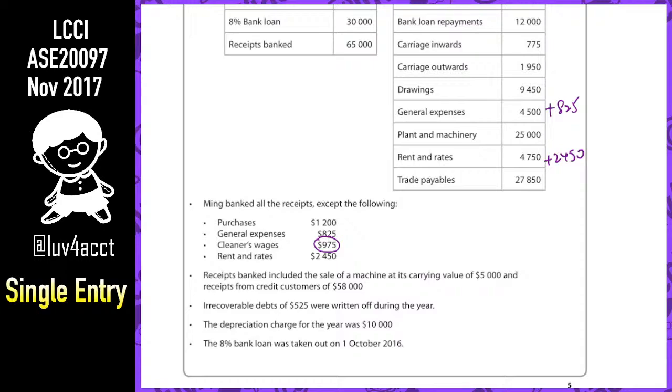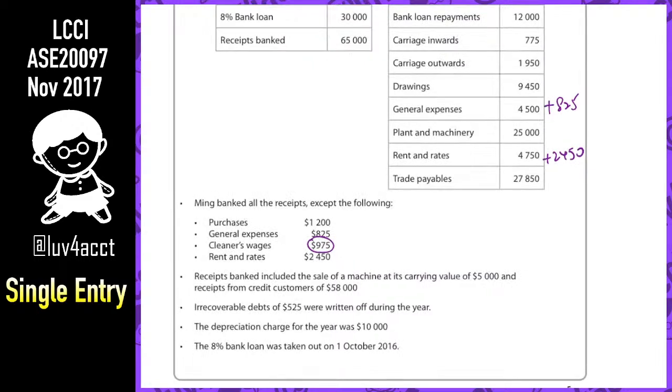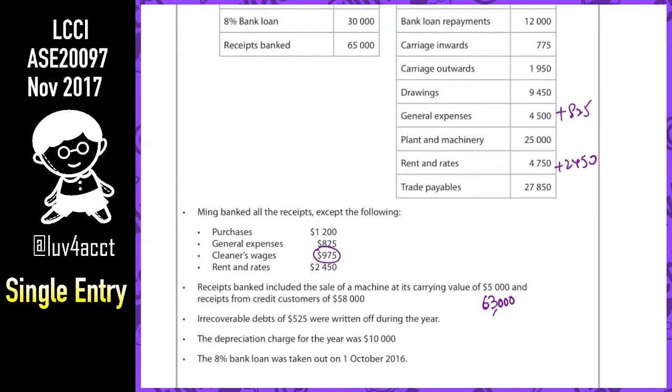Receipts banked include the sale of machine at its carrying value of 5,000 and receipt from credit customers $58,000. The two added together will be 63,000. Okay, but then we have 65,000 here. That means we have 2,000 cash sales banked.